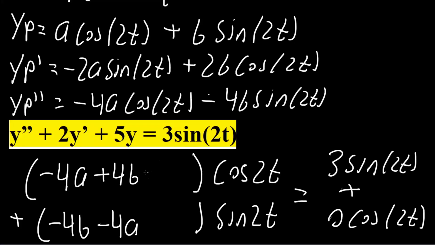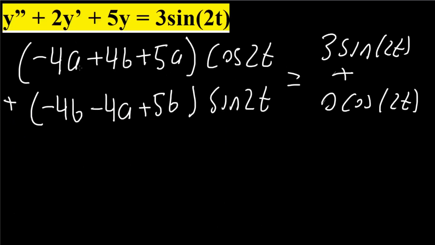I'm going to scroll down a little bit. If we group negative 4a plus 5a, that's going to be a, plus 4b, is equal to 0 because we have cosine 2t.